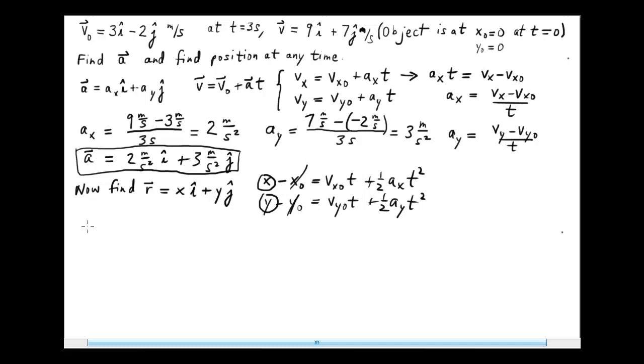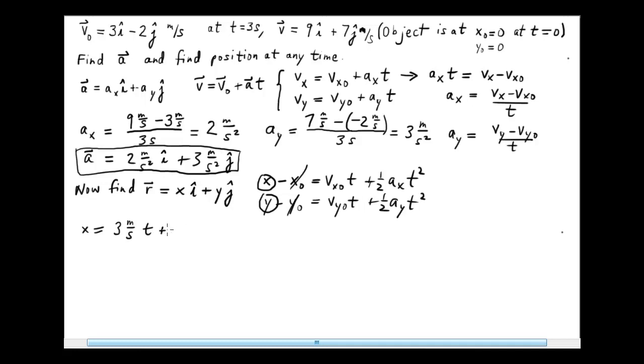So x, now I'll plug in the numbers I have. x is vx0 t. vx0 is right over here. That's 3 meters per second. So it's 3 meters per second t. That gives me the first term, plus a half ax t squared. ax is 2. Half times 2 is 1.